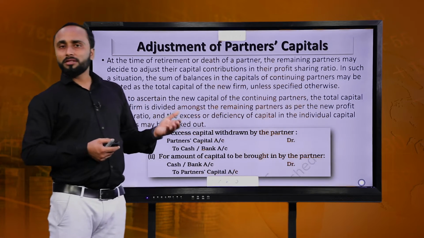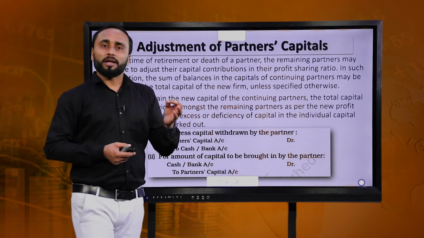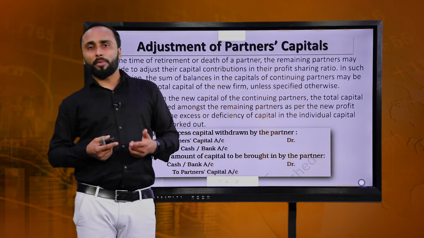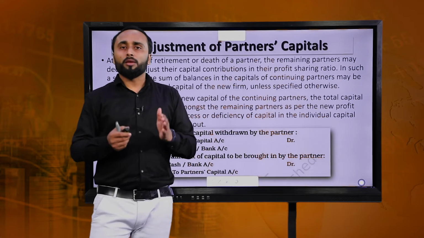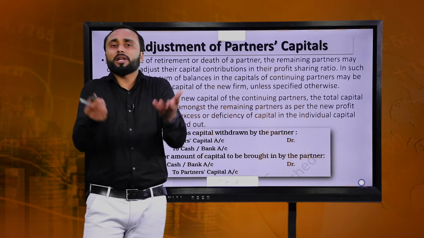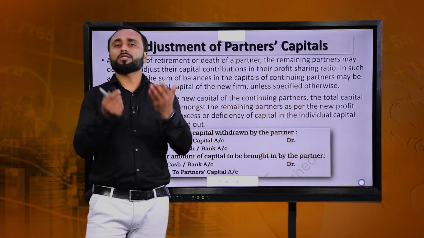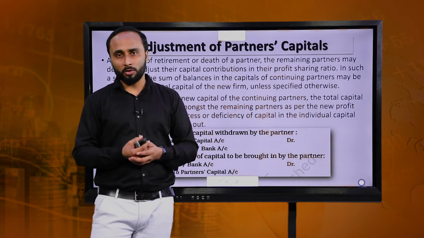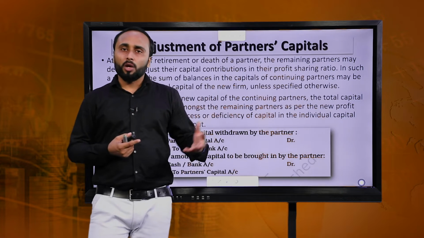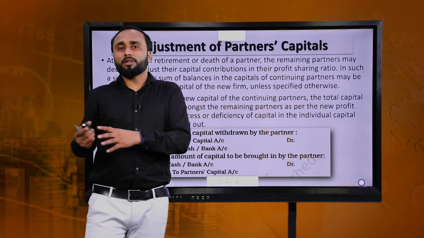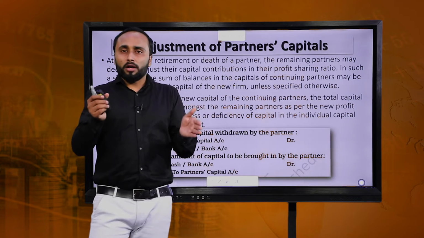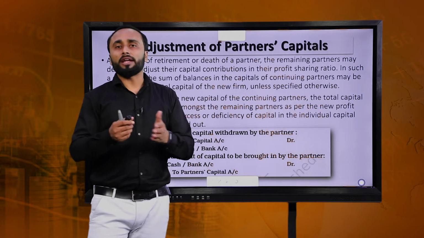This might happen sometimes when the partners decide that they want to change their capitals, they want to change the relation existing among them, because now since the entire partnership firm is getting reconstituted, why not change our existing relationship also by either increasing one of the partners' capitals and reducing some of the other partners' capitals so that they come to different terms as they have agreed now.